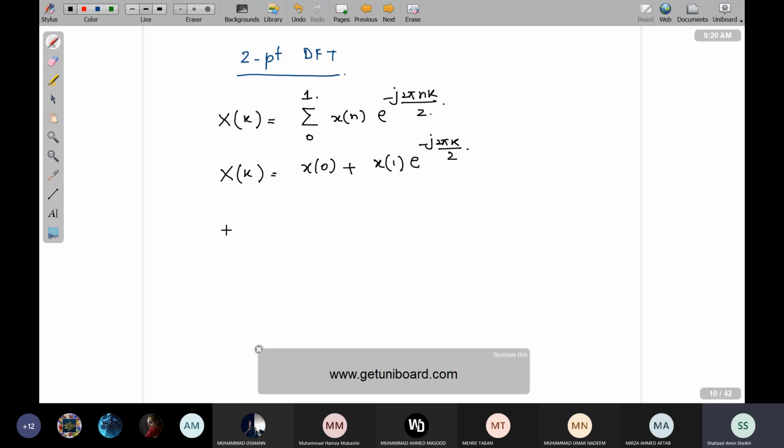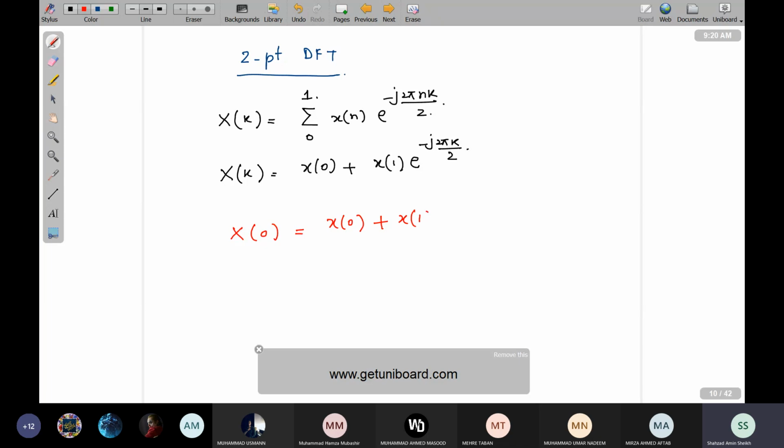So for different values of k, x of 0 is, now k is equal to 0, so that would be x of 0 plus, for k is equal to 0, that would be changed into 1.